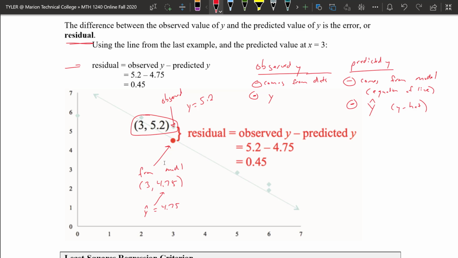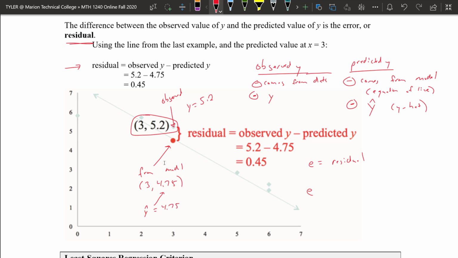So you can see here, to calculate the residual, you're going to take the observed y minus the predicted y, so 5.2 minus 4.75, and we get a residual of 0.45. So that's the error that we're finding for x equals 3. For residual we usually use an e, so let e be the residual.